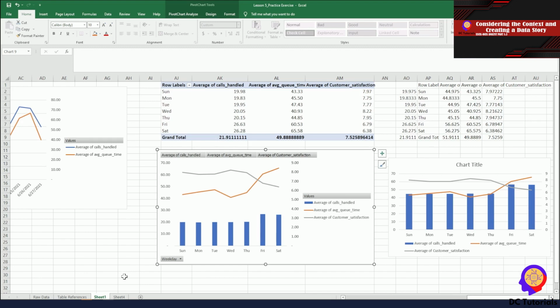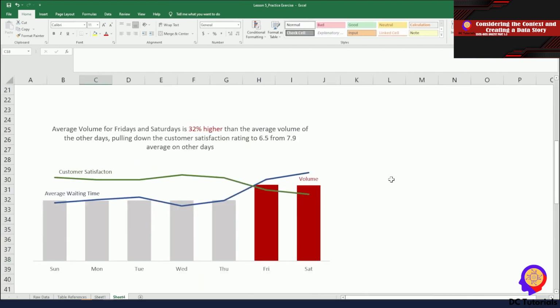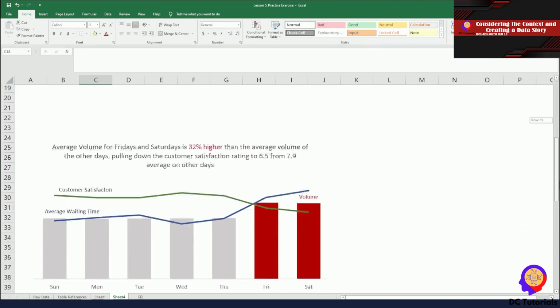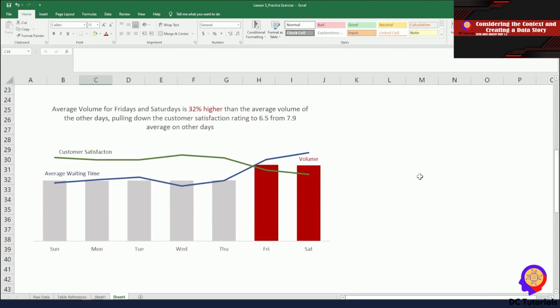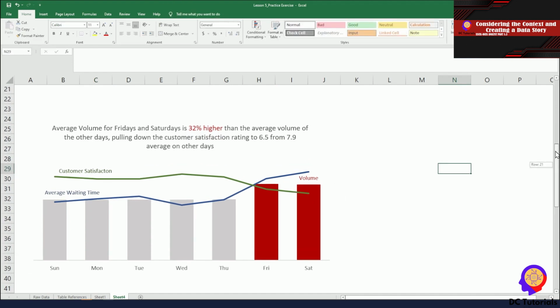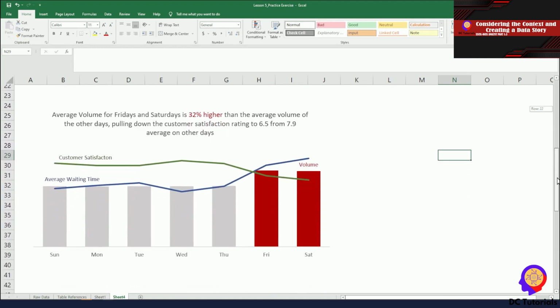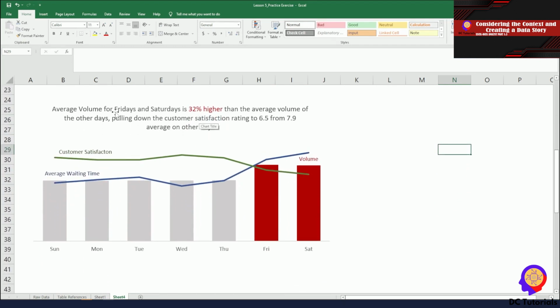So we can add this to this chart, right? This is the chart with customer satisfaction, and just fix the labels a little bit. And also we have changed the insights because the first one we had here was describing the average waiting time. Now here we are already describing customer satisfaction.